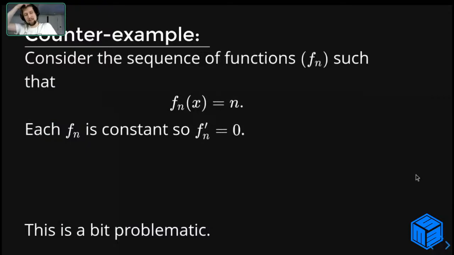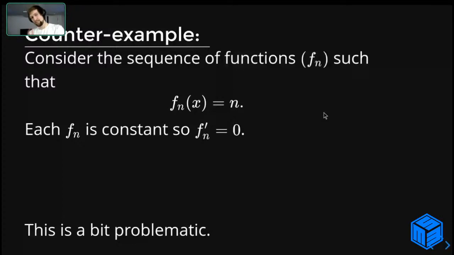And this is a bit problematic because if we take n to infinity, we, in some sense, have a function that just is infinity across its entire domain. So I plug in a value, it spits out infinity. That's a little weird. And so that function has slope of 0. It's not great. It's not very fun. So that's one example where we can't necessarily gain any information about the limiting function from its derivative, or the term-wise derivatives, sorry.